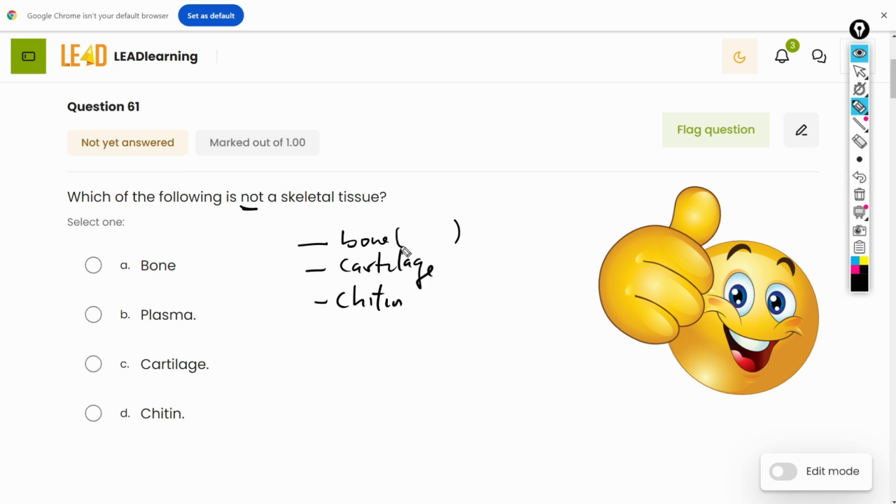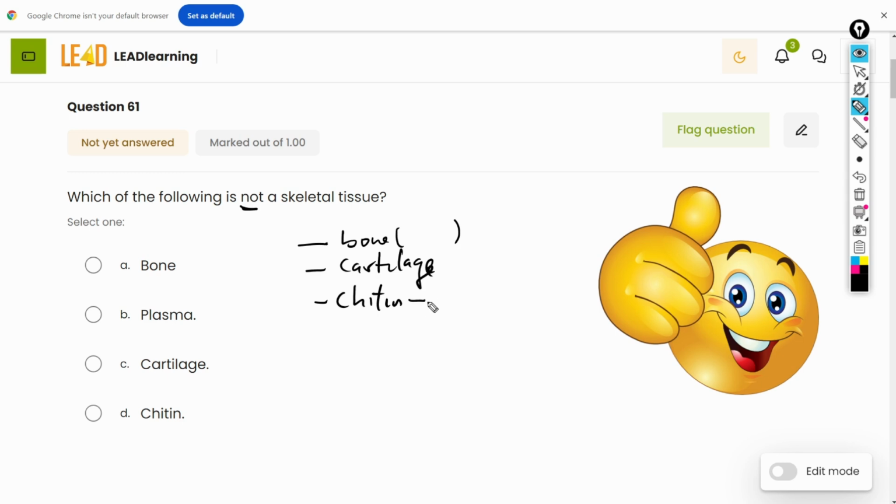Bones also protect other soft organs or tissues. Then the cartilage is a connective tissue found in between bones to provide a cushioning effect. It acts as a shock absorber so that bones do not rub against each other during movement, as this could result in wear and tear.